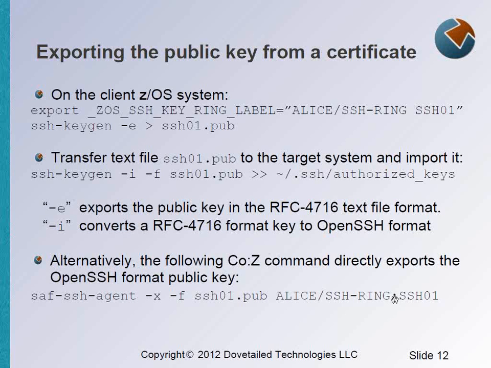Instead of a space, you can put a colon in front of the label name. So it's slightly different syntax for the label name, and this will directly create this file in OpenSSH, the one-line public key format that you would get if you did an ssh-keygen command the old way, right? I'll show you how that works.